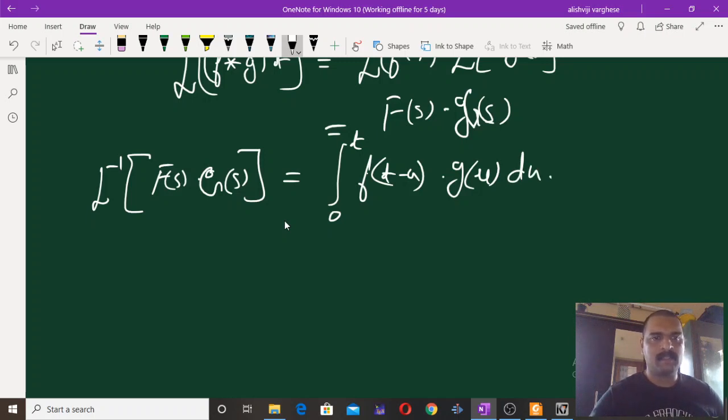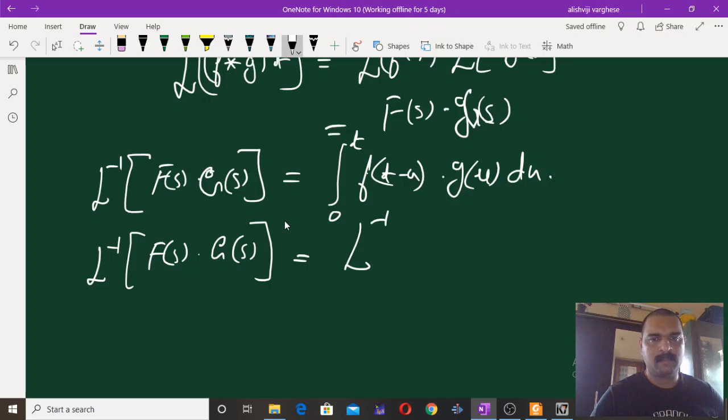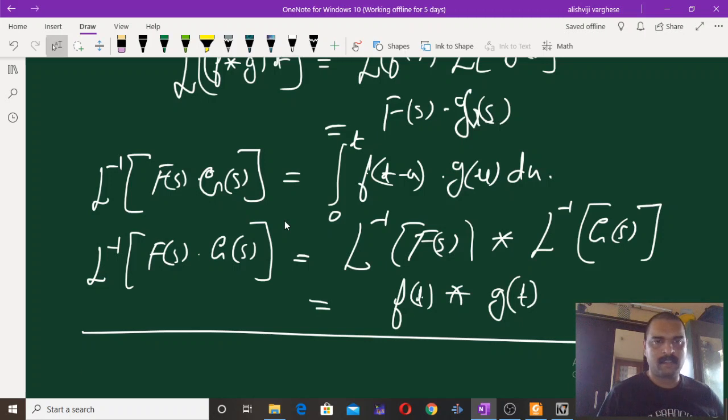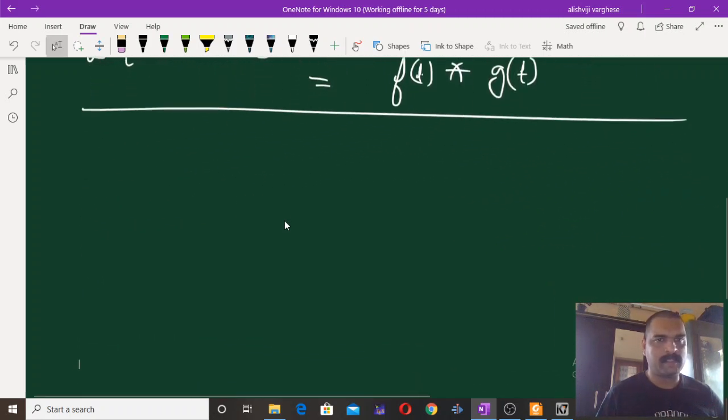So we can use this result to find the inverse Laplace transform of a product of two Laplace transforms. This is equal to the L inverse of F of s convolution L inverse of G of s, or it is f of t convolution g of t.